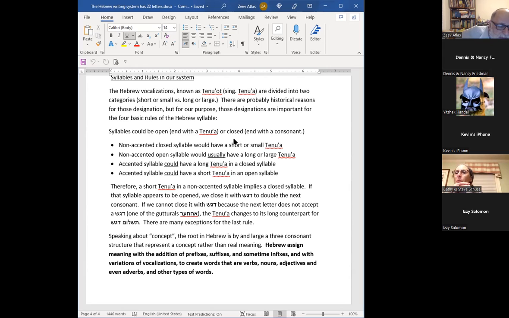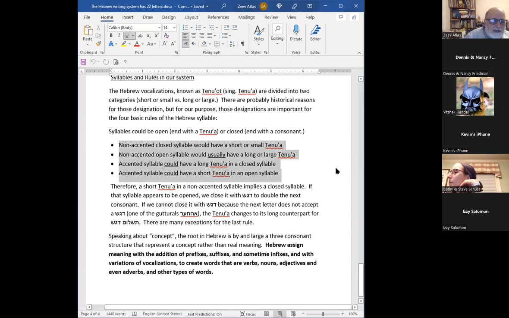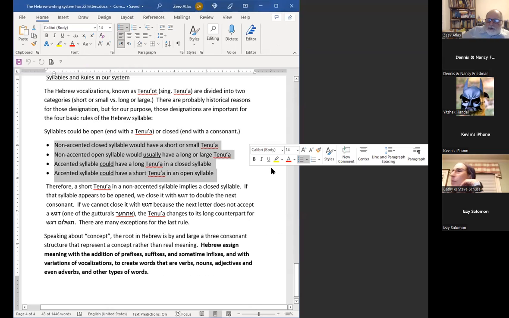So the rules go like this, and this is in the material that I sent to all of you. A non-accented closed syllable, which means it ends with a consonant, would have a short or small tnuah.